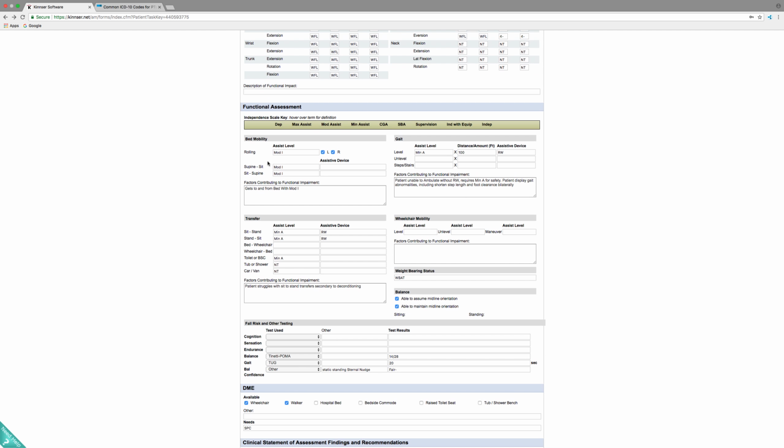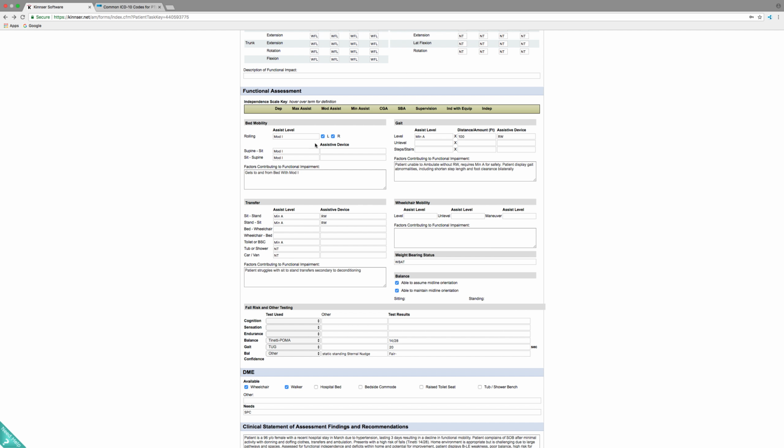Very important that if the patient's modified independent to independent, then this blank here can be left blank. If you put anything other than modified independent, if you use standby assist, contact guard, min assist, anything from independent with equipment on down through dependent, we need to make sure that we are putting in the factors that are contributing to why there's an impairment.